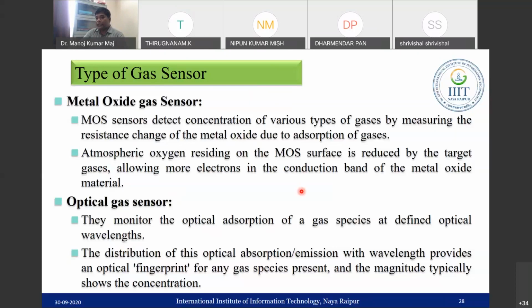In this case, the distribution of the optical absorption or emission with wavelength provides an optical fingerprint for any gas species present. Whatever gas species is present, we can generate a different kind of fingerprint for it, and the magnitude typically shows the concentration of the present gases.